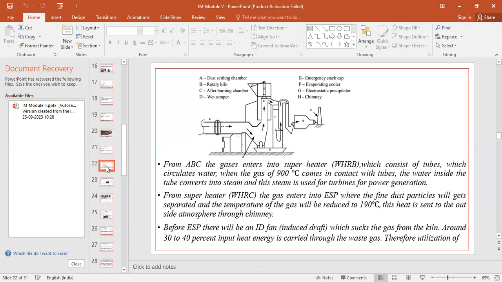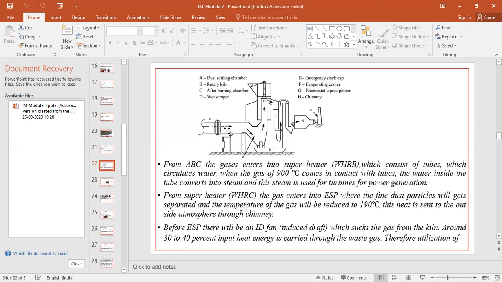So here there will be an ID fan. That's the induced draft fan, which basically sucks this gas. It is the same process which we see even in the sintering house and all, where the suction of the air takes place through this ID fan, which is present somewhere away from this system.